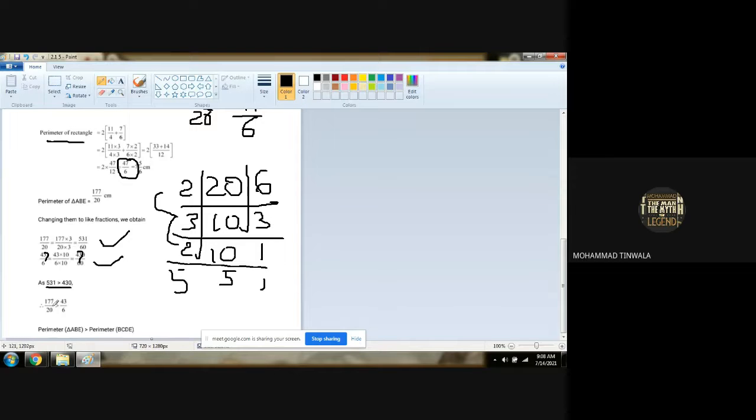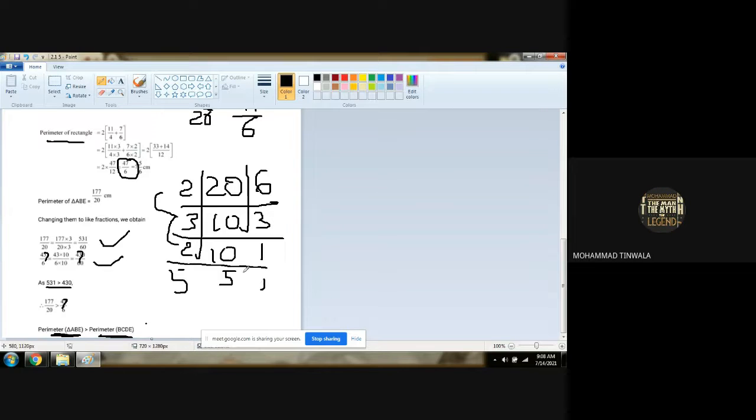So 177 upon 20 is greater than 47 upon 6. Therefore, 177 upon 20 is the perimeter of what? The perimeter of triangle ABE is greater than the perimeter of rectangle BCDE. Any doubt with this question? No, sir.